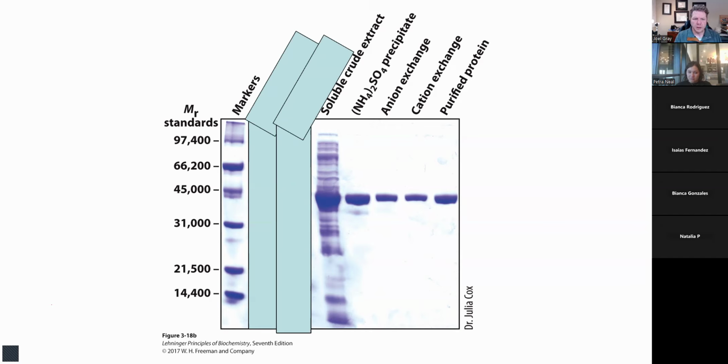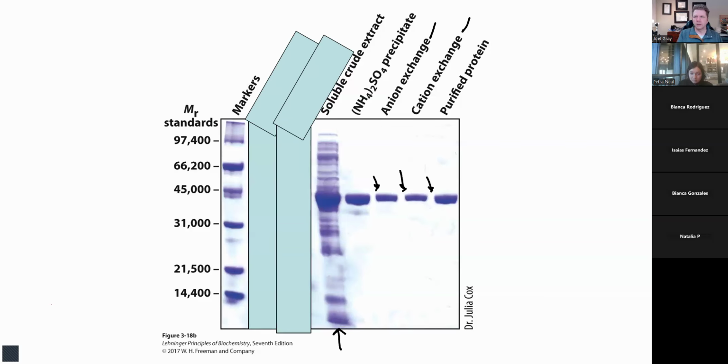This lane right here, the soluble crude extract, is all of the soluble proteins. The protein that you want to purify after doing an anion exchange and cation exchange chromatography column is right here. This one very robust band.